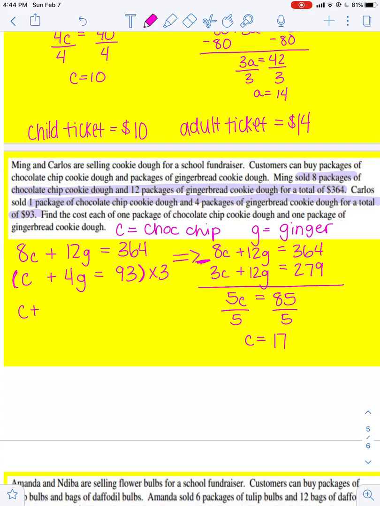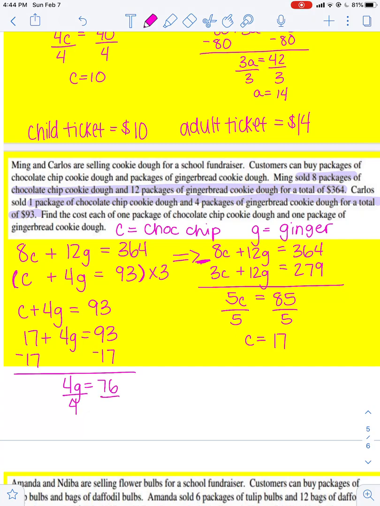And then I'm going to use C plus 4G is equal to 93 to solve this. So I'm going to get 17 plus 4G is equal to 93. I'm going to subtract 17 from both sides. I'm going to get 4G is equal to 76.